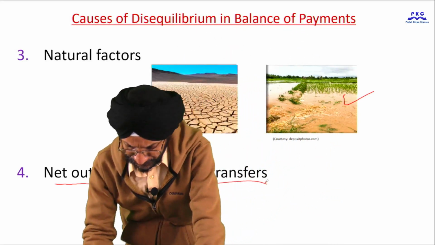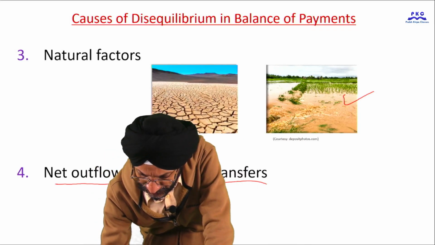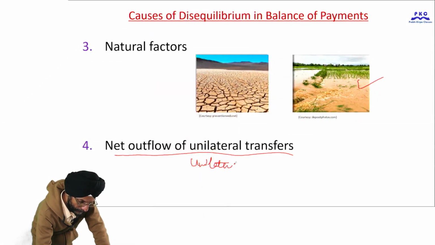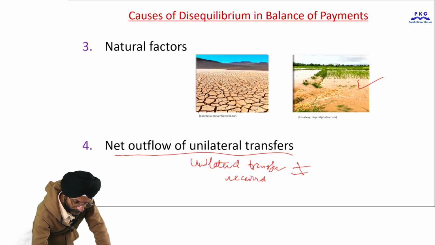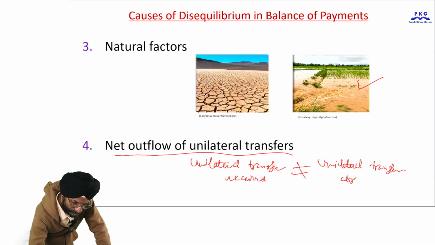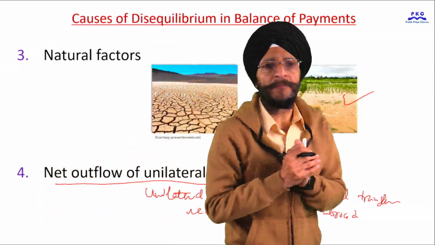So when unilateral transfers received are not equal to unilateral transfers sent abroad, it results into disequilibrium.